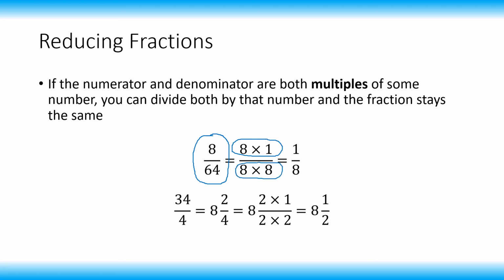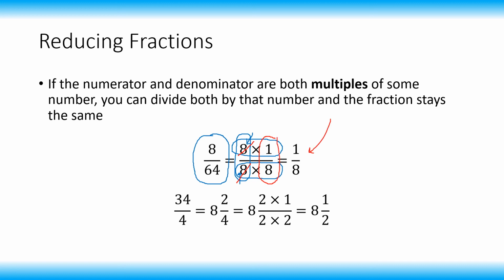There's one 8 on top and one 8 that we can pair it with on the bottom. We can't pair this 8 on top with both 8s on the bottom, but we can pair it like this and cancel that out. If we can make a pair with a number on the top and one number on the bottom, we can cancel them out, which just leaves us with this 1 over 8.